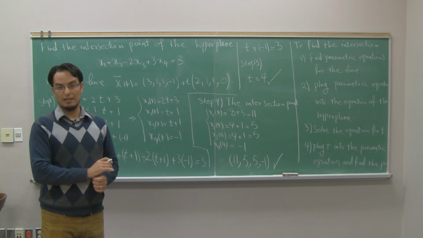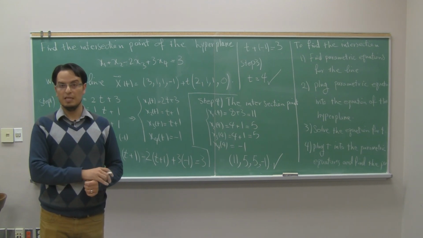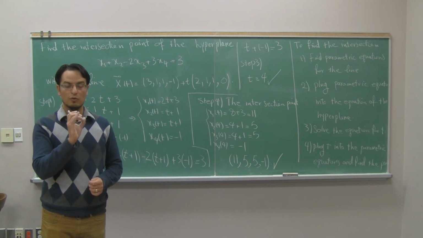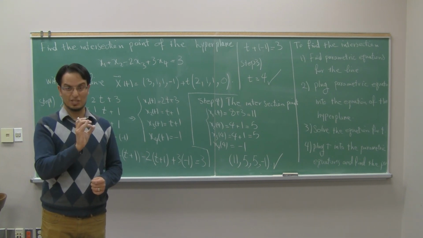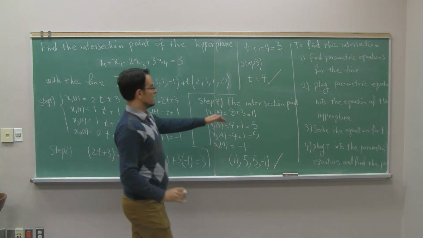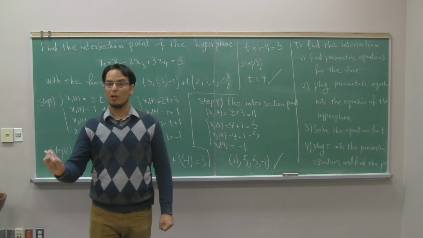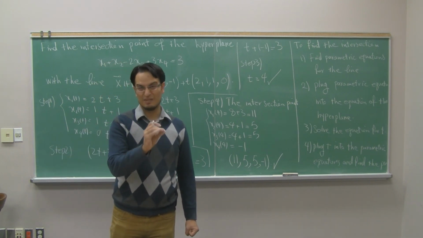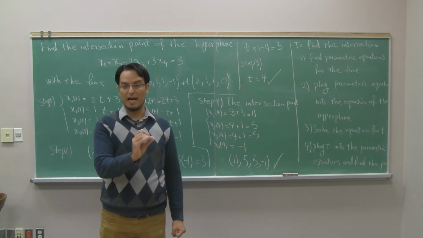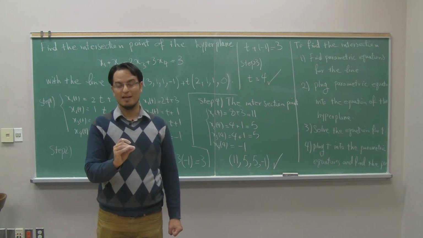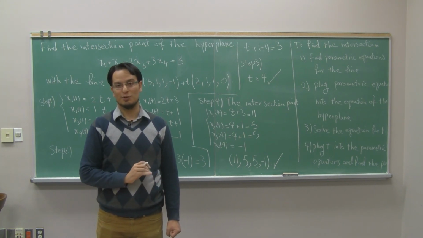You'll get an equation for t, solve that equation for t, find the value of the parameter in the intersection point. In this case, it was 4. And the last step is plugging back that parameter 4 into the parametric equations, and you will get the intersection point.